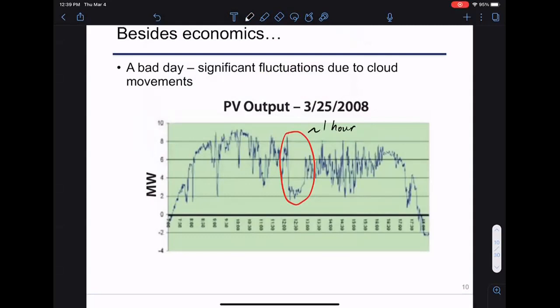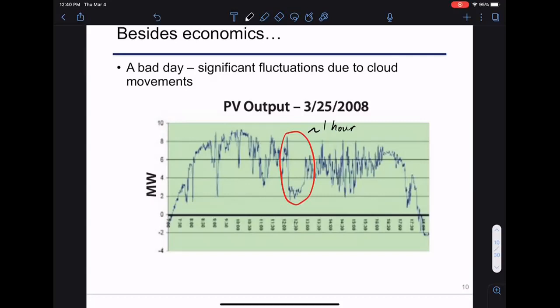So this is basically why, if we have something that's over an hour long, then you can smooth out. This also says, for solar, if you select the right site. Another way to think about this is, we may want to smooth out this output on an hourly basis, because if we can smooth this out, it's much easier for the system to work with.